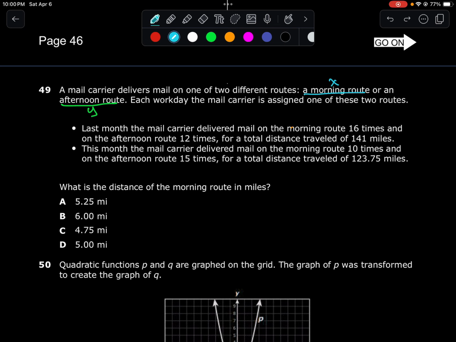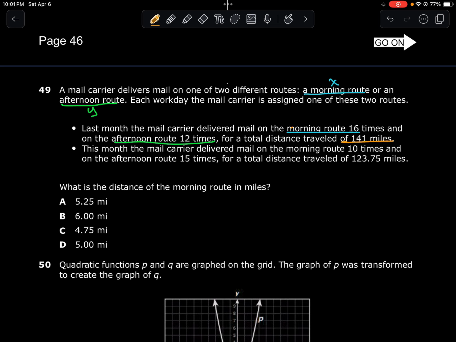So here I get morning is 16, and on the afternoon route 12 times, and then we get the total distance traveled is 141. Okay, it's not giving me the equation, so I'm going to have to write it myself. Let's write it based on this one. 16 times the morning route.